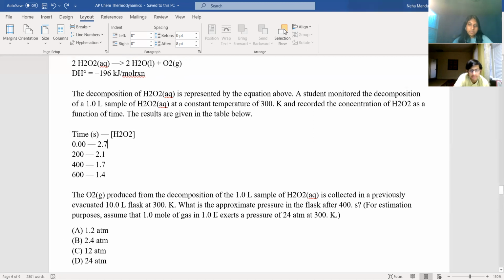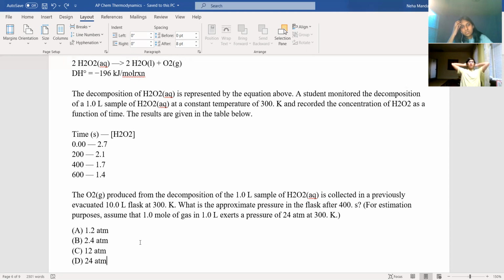Okay, I see. So we're losing 1 mole, and 1 mole exerts a pressure of 24 atm in 1 liter. So since it's in 10 liters, it would be 2.4 because you're dividing by 10. PV equals nRT.